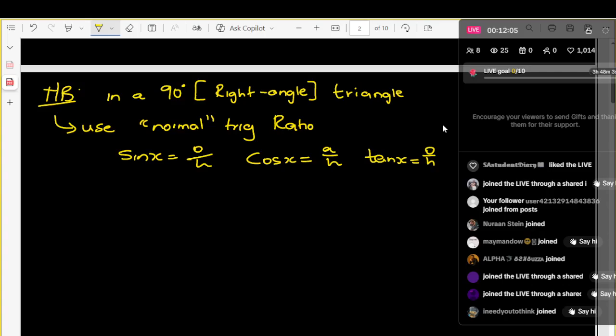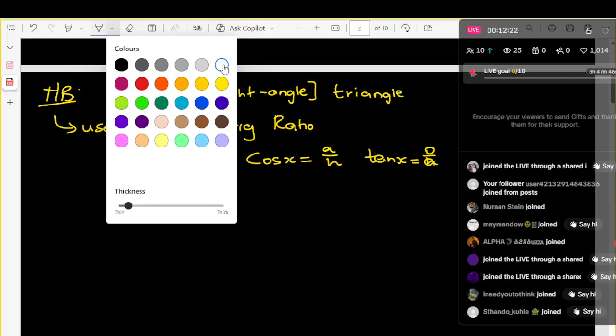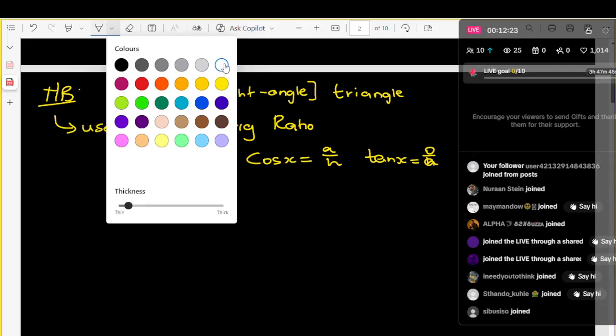Now when you need to prove something in a non-right angle triangle, I'm just giving you the tips now. These are the things that you need to understand in order for you to master three-dimensional.